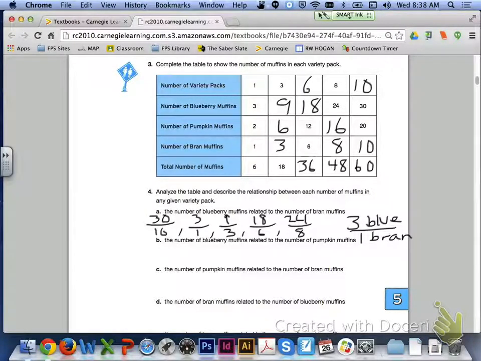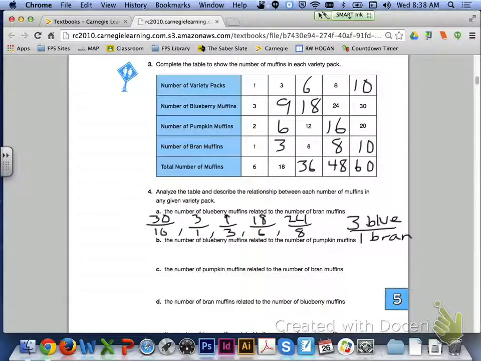So let's take a look at letter A. We are looking at the number of blueberry muffins related to the number of bran muffins. What you want to do is come up with every single ratio from the table that you can, based off of the number of blueberry muffins related to the number of bran muffins. There are 5 ratios that I come up with: 30 to 10, 3 to 1, 9 to 3, 18 to 6, and 24 to 8.